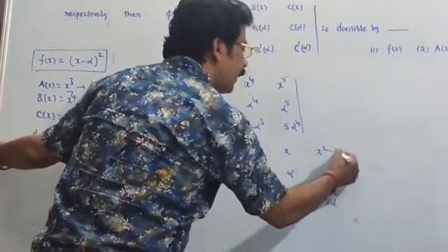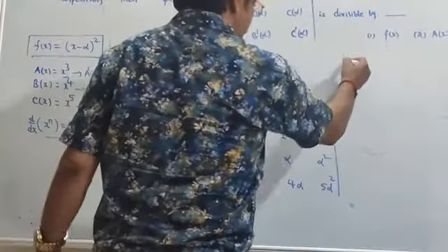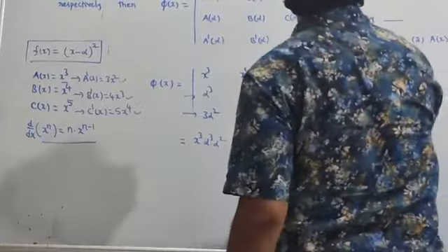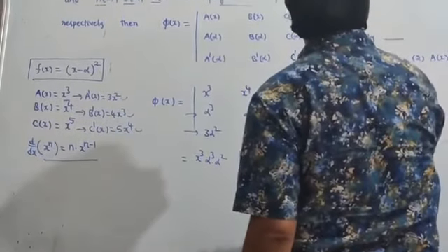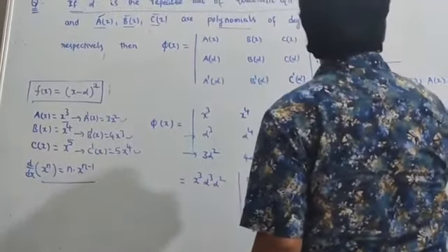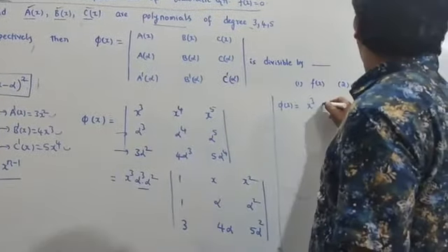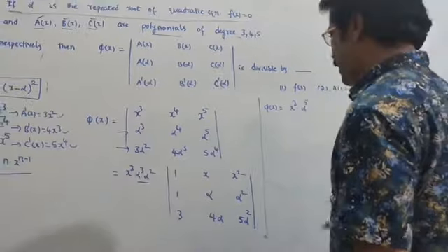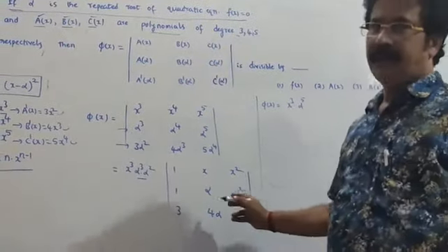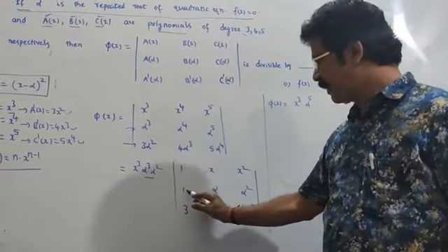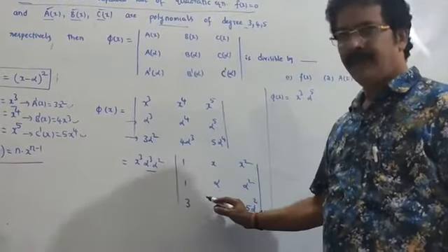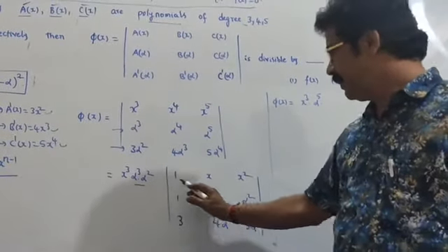So phi of x is equal to x cubed into alpha square, alpha to the power of 5. Later we can perform R2 minus R1, or we can expand the determinant directly.